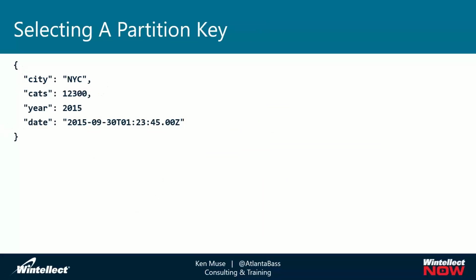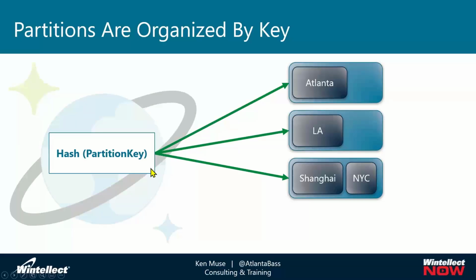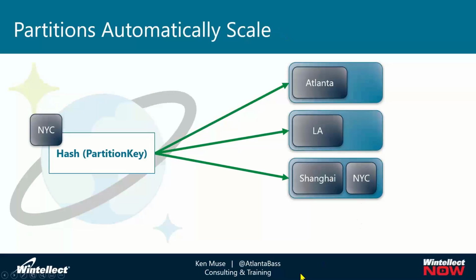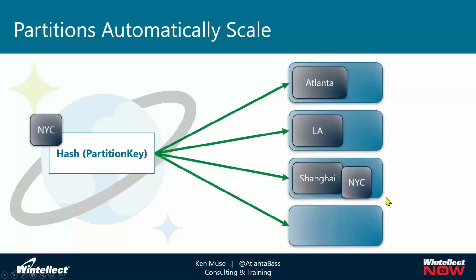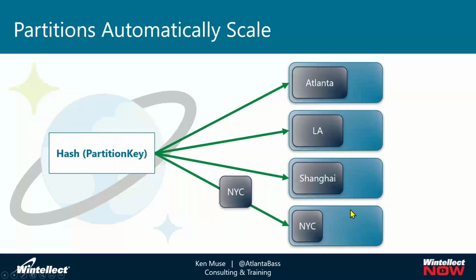That is, we wanted to physically group data together based on the city. And so as cities come in, they get physically located in the same specific replica set. They are on the same partition. And so Cosmos makes sure that physically they're co-located.